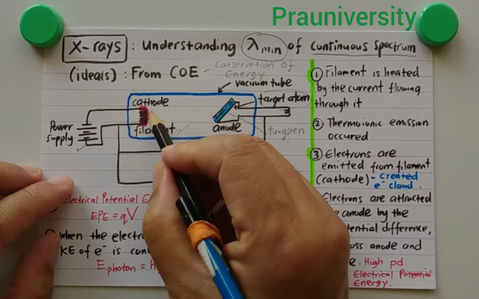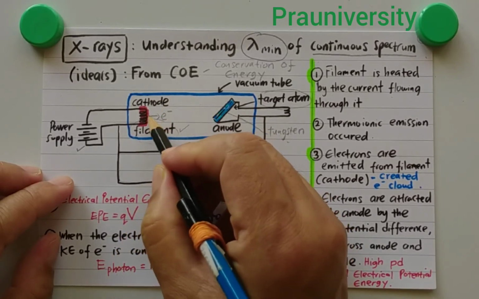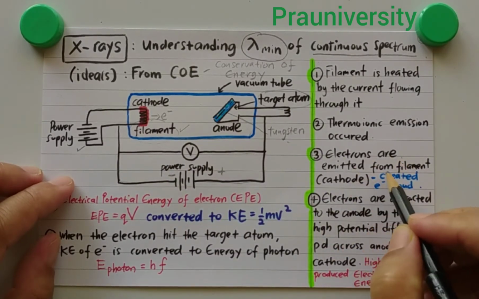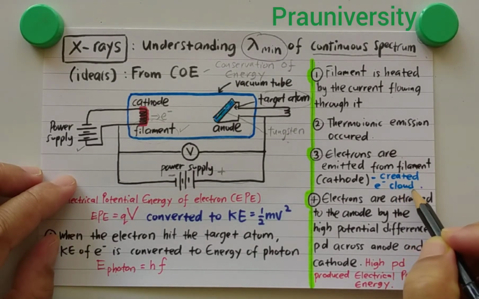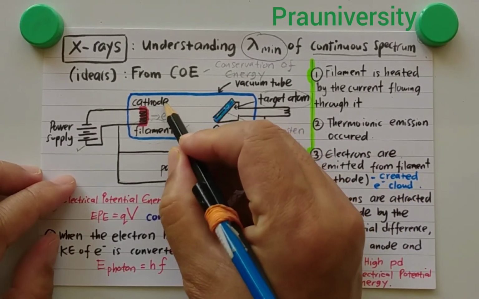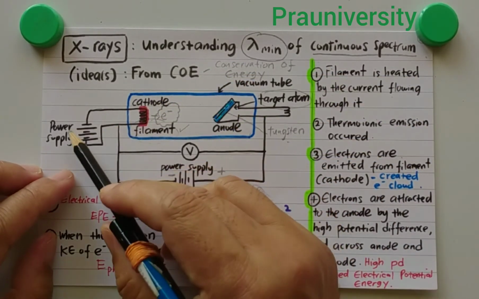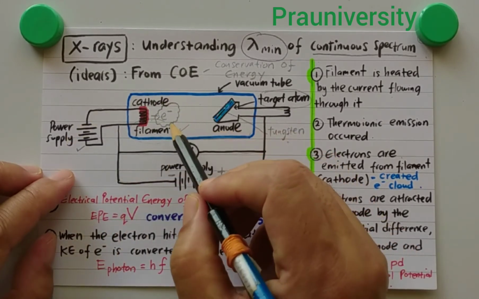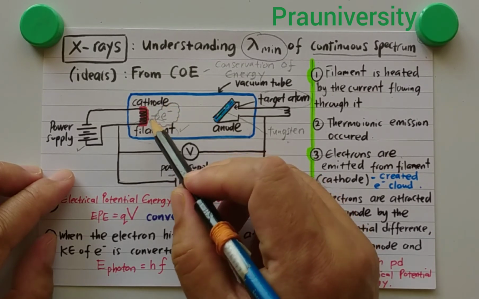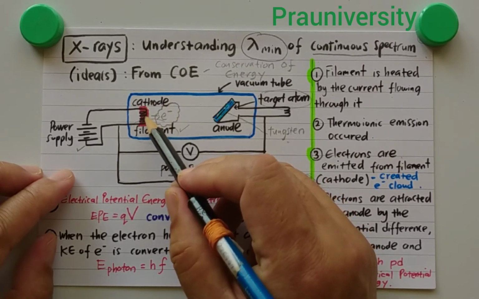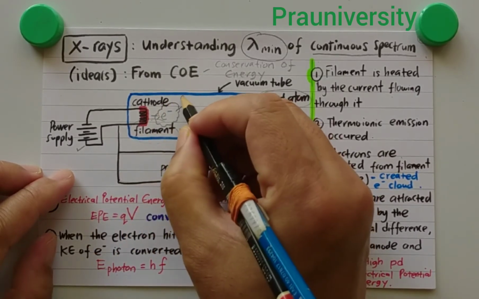So and then what happened? Electrons are emitted from the filament or cathode, then create an electron cloud. So here is the electron cloud. So when the filament is heated by the power supply, the thermionic emission happens, and then the electrons are emitted from the filament, so they produce the electron cloud.